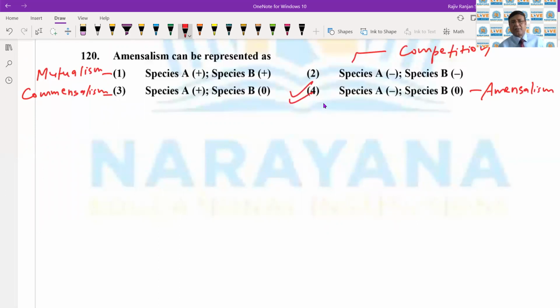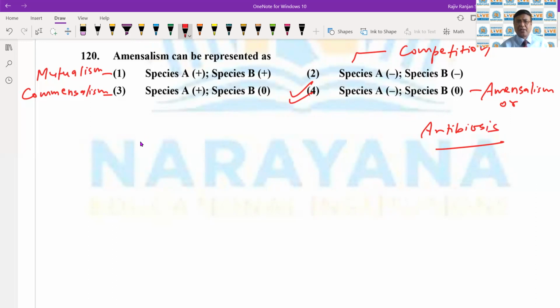So the correct option is 4, amensalism. A very good example of amensalism is antibiotic production, antibiosis. This is why amensalism is also called antibiosis. The production of antibiotics by certain organisms in order to kill others is one very good example of amensalism.